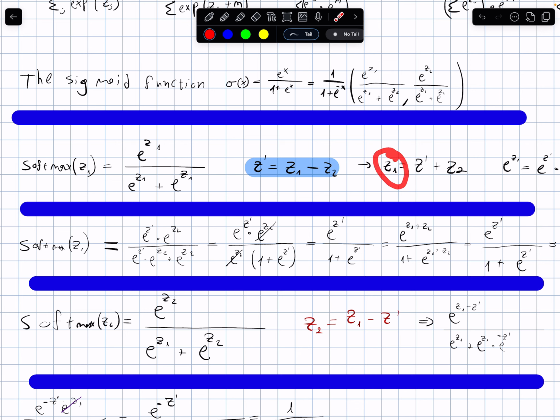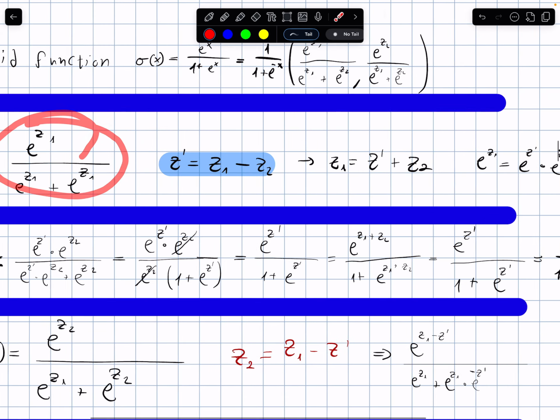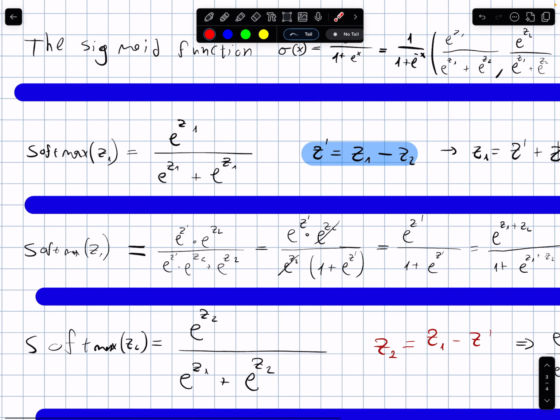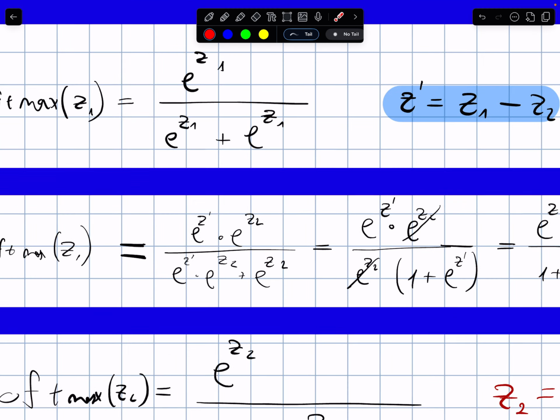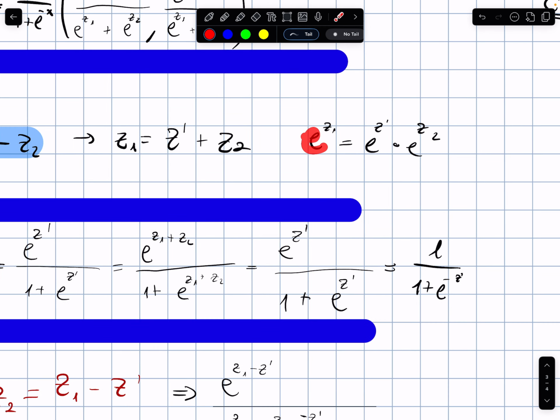So z1 is z tag plus z2. Just so we are clear, this is the softmax we are aiming to get. So I wrote softmax of z1, and I just wrote it with z tag. So e to the power of z1 is e to the power of z tag times e to the power of z2.